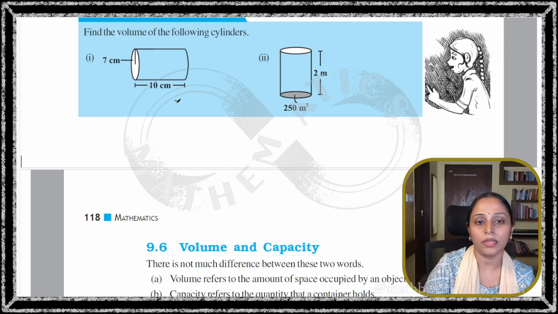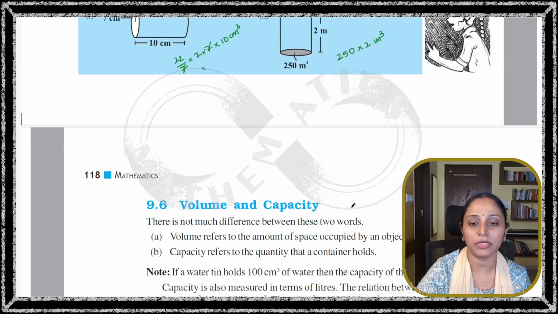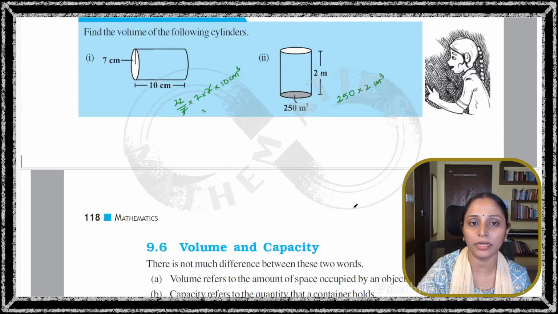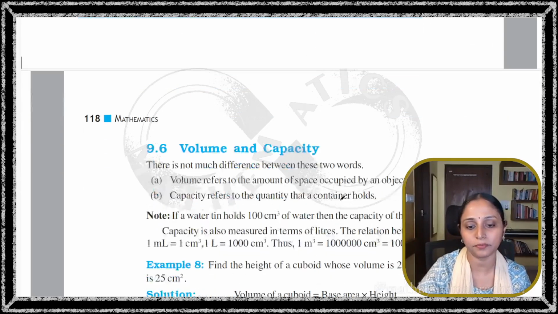Pi r square into this will give you the volume, and over here the 250 is already given to you. So into 2, if you do, you're going to get the volume of the given cylinder, in centimeter cube and meter cube. So you can look at volume of a cylinder as pi r square h, or area of the base into height.